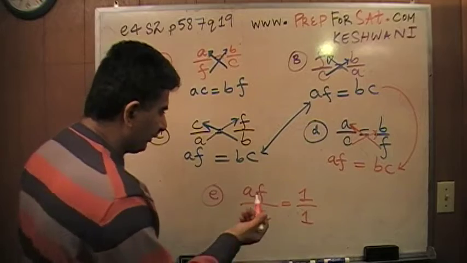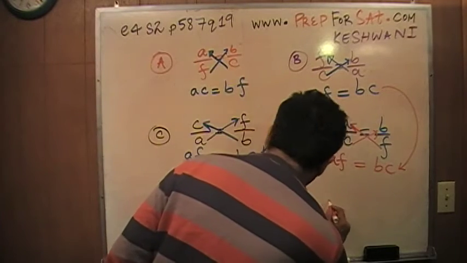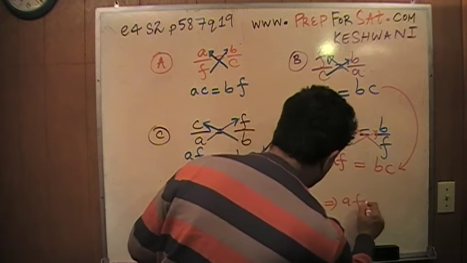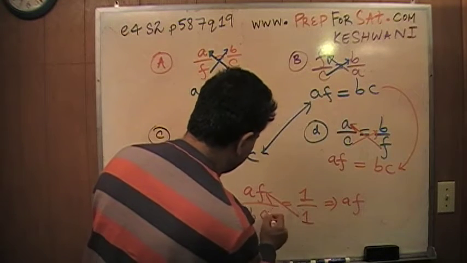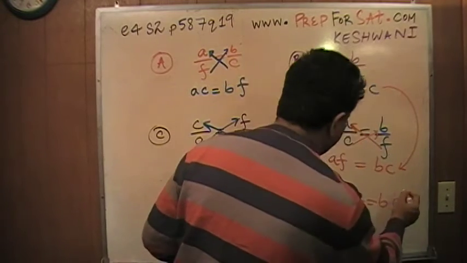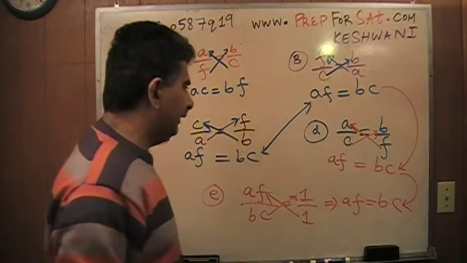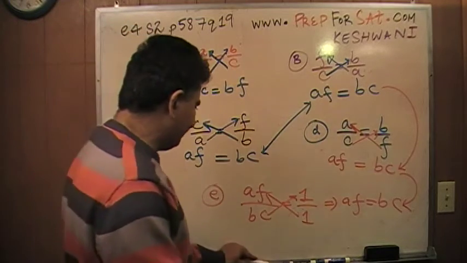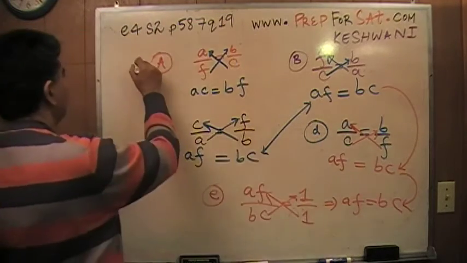Let's cross multiply. If you cross multiply, this will give you A times F. Cross multiply the thing here. I'm not going to change the color, it's very simple. And B times C. Exact same thing as this one. As you can see, 4 of the answer choices are exactly the same. The only odd man out is this one.